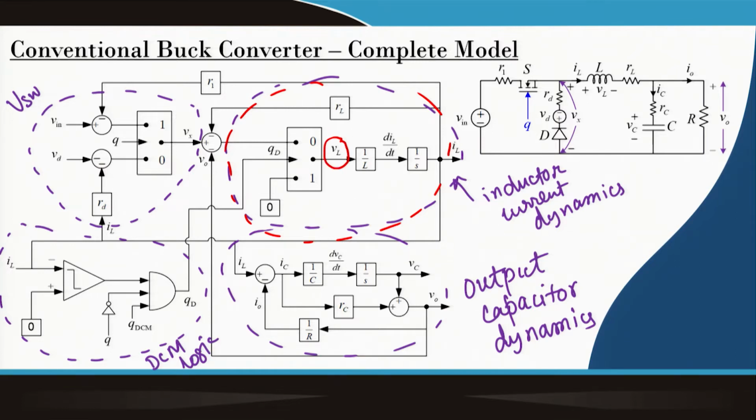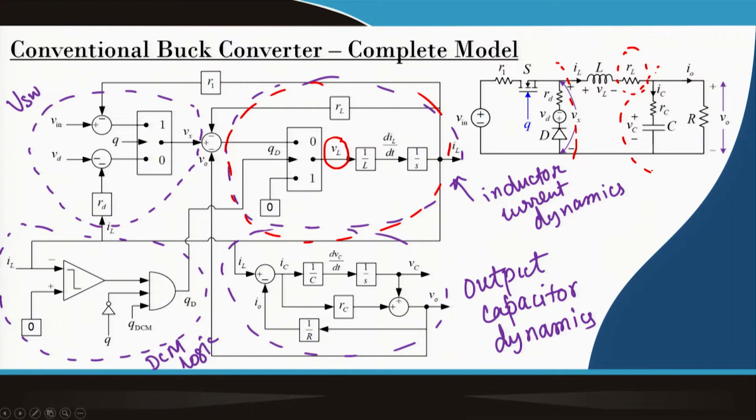If we do not consider the discontinuous conduction mode, then the inductor voltage is nothing but the switch node voltage minus the drop across this resistance, and this terminal is the output voltage.